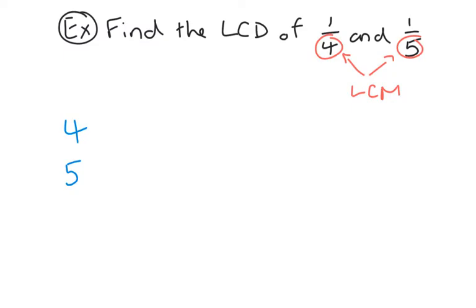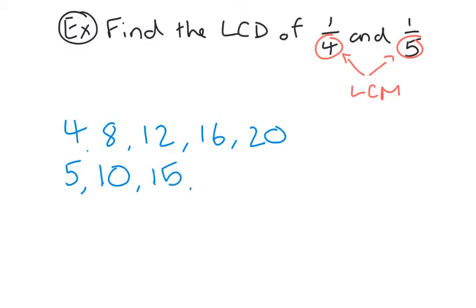4 plus 4 is 8. 8 plus 4 is 12. 12 plus 4 is 16. 16 plus 4 is 20. We're going to stop there for now. We're going to list out the multiples of 5. 5 plus 5 is 10. 10 plus 5 is 15.